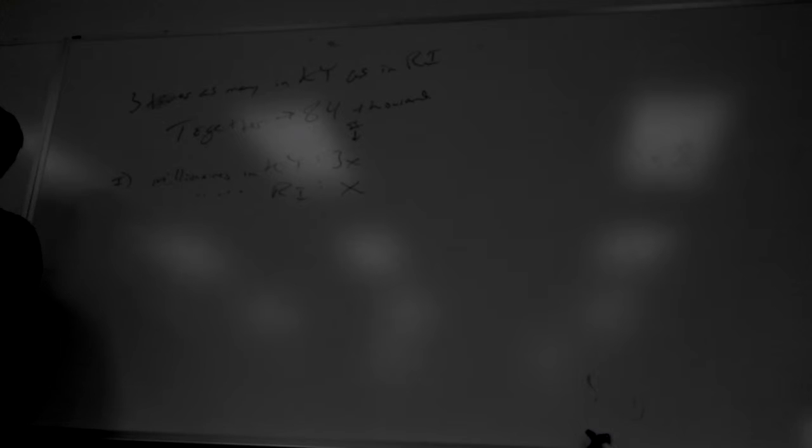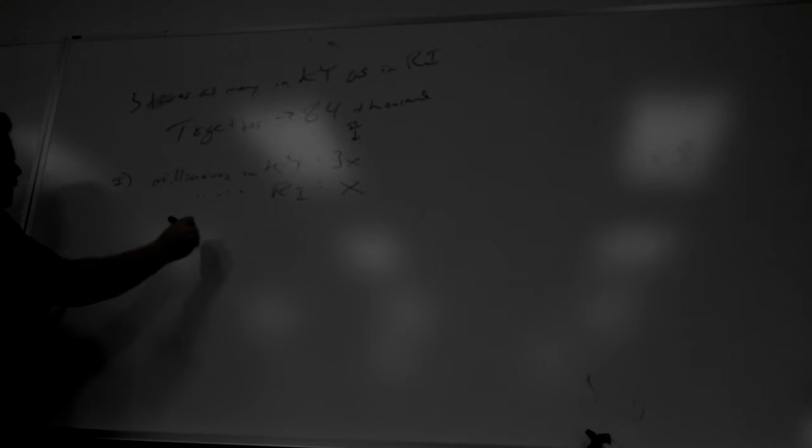What's wrong with comparing Kentucky to Rhode Island in pure numbers? Rhode Island is tiny. They can only fit so many people in there, right? In fact, Rhode Island is the smallest state. Okay, geography is not my strongest. So saying there's 3 times as many millionaires in Kentucky, you're like, big deal. What's the percentage? That would make more sense, right? All right, that's enough of that side note.